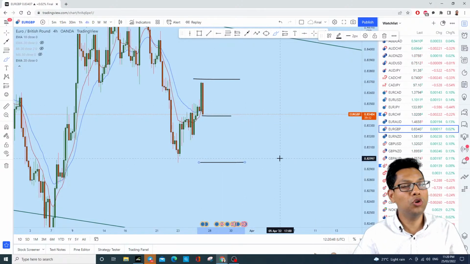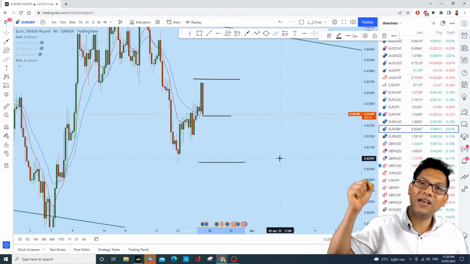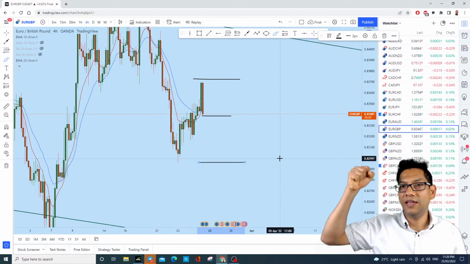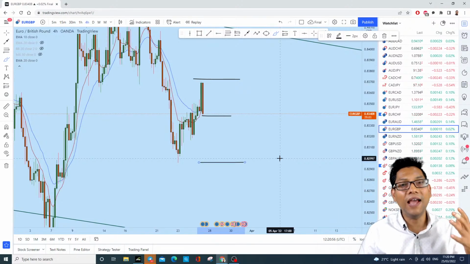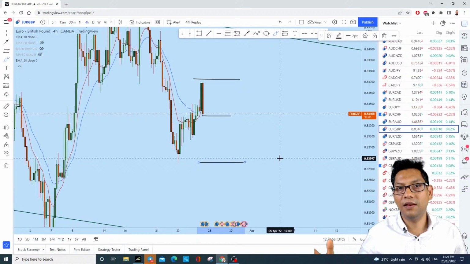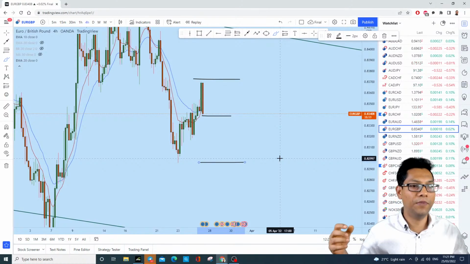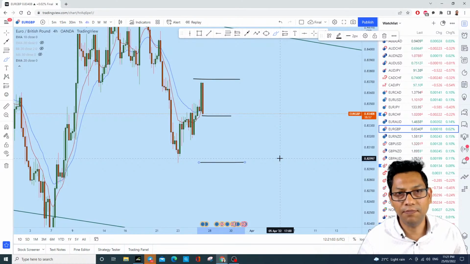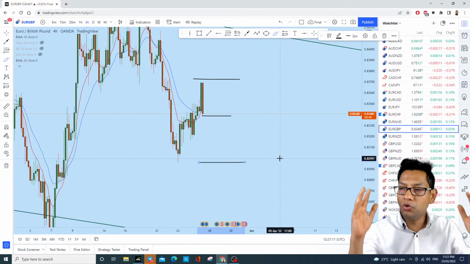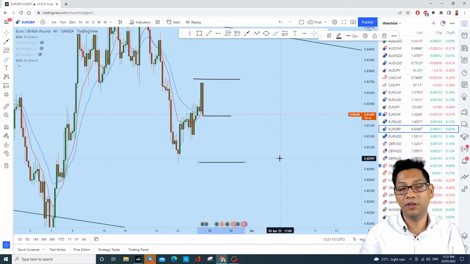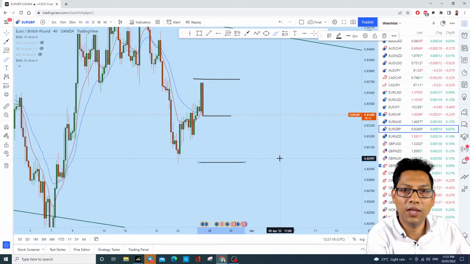But as I told you, if you take this trade, you must manage your risk. It's important that you manage your risk, because it doesn't mean that I can predict 100% of the time. I am the Forex wizard, and most of the time my analysis comes true. But new traders especially make this mistake: when they see someone saying the price will go this way, they take a big risk.